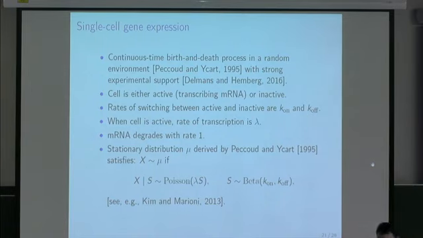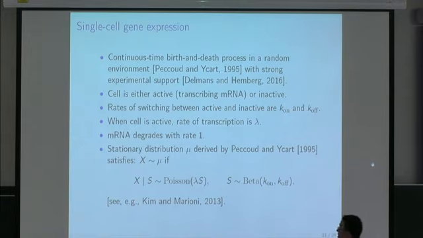If you look at the stationary distribution of this process, which was derived in this 1995 paper, you can simulate exactly from it: you simulate S from a beta distribution with parameters k on and k off, and you simulate X from a Poisson distribution with rate lambda times S. Okay.